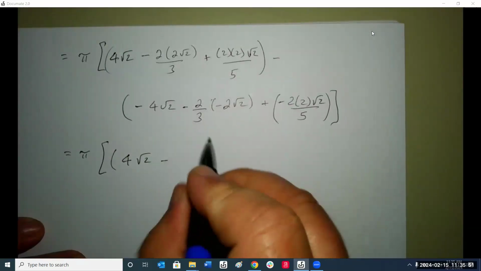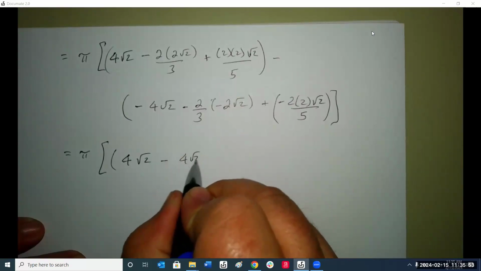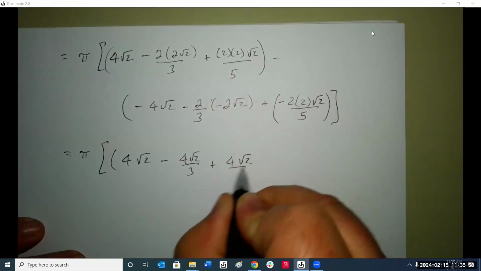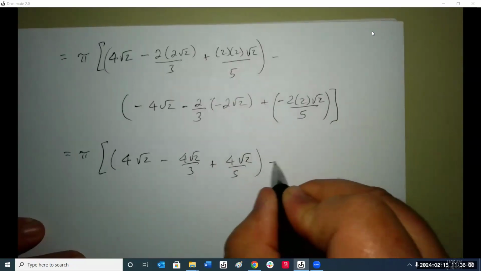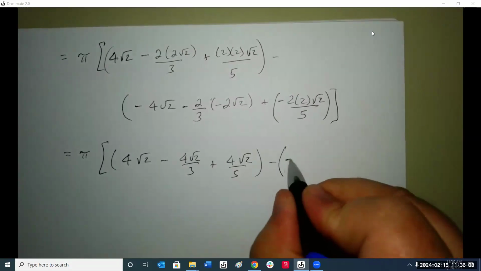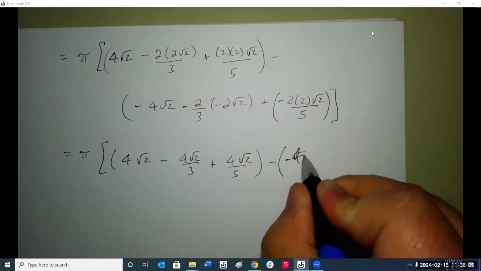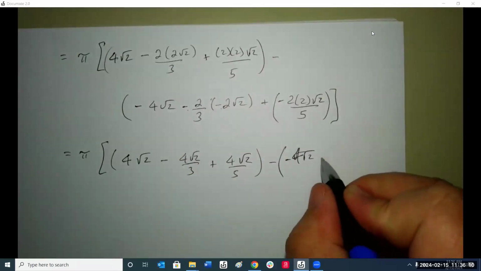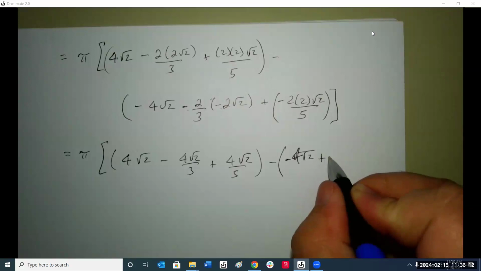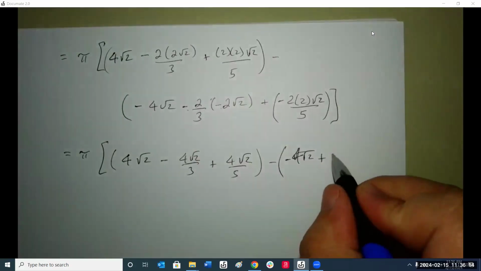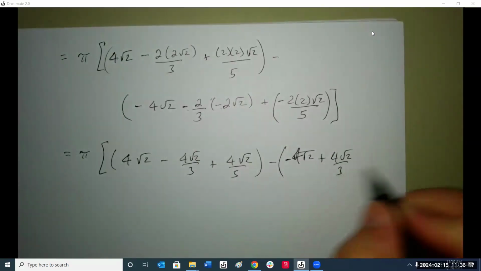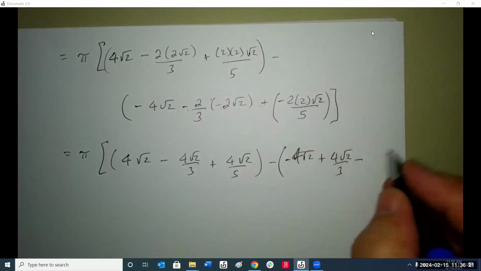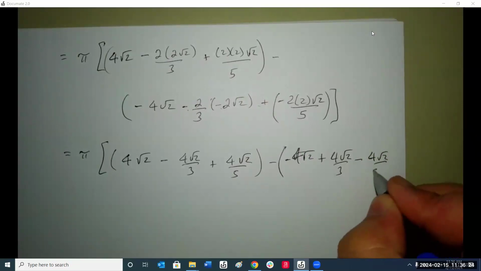Four square root of 2, 4 square root of 2 over 3, 4 square root of 2 over 5. Negative 4 square root of 2. Negative and negative makes it a positive. 2 times 2 is 4, square root of 2 over 3, minus 4 square root of 2 over 5.